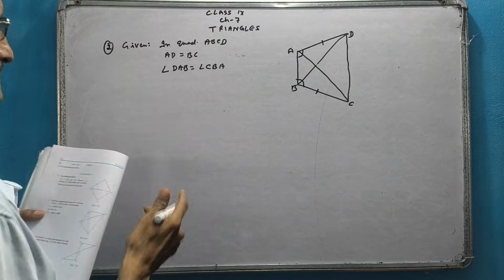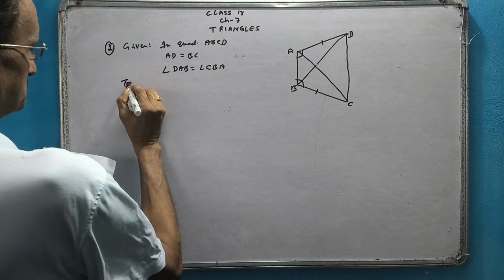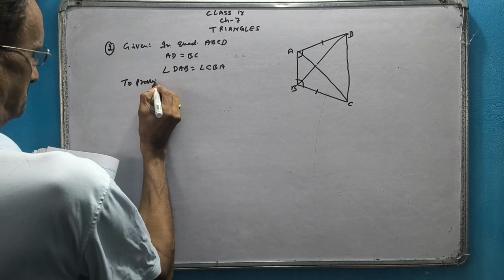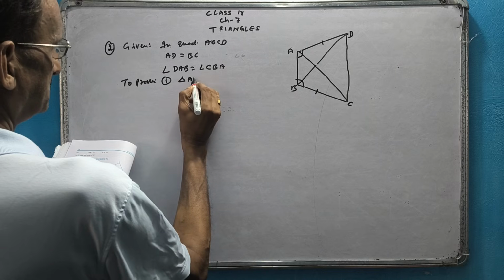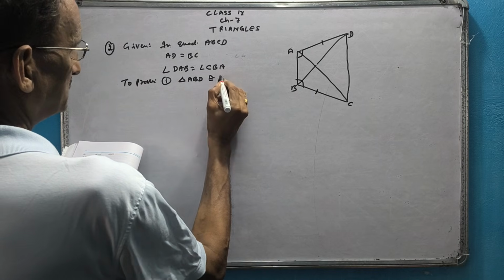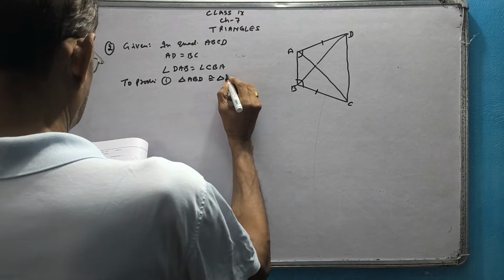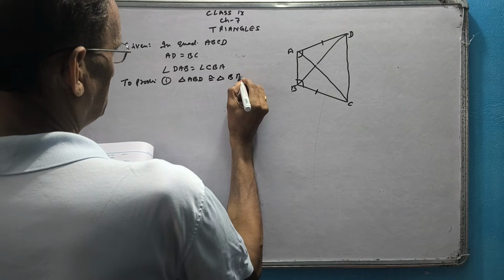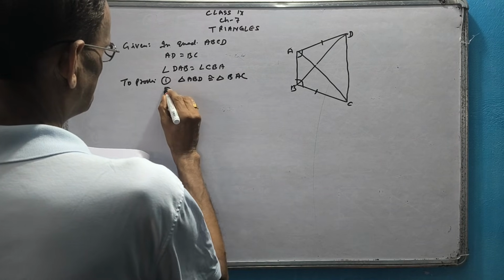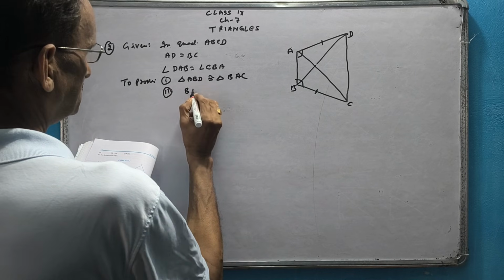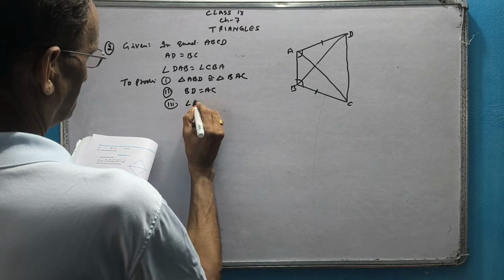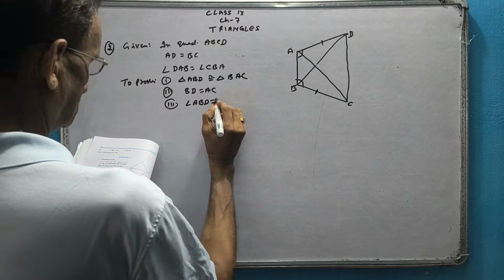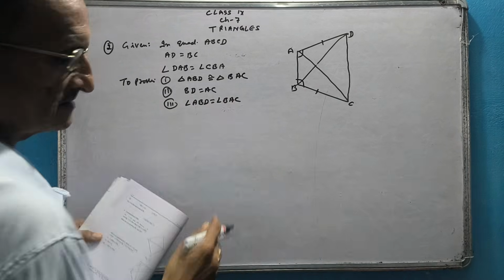This is given. We need to prove: number 1, triangle ABD congruent to triangle BAC. Number 2, BD equal to AC. Number 3, angle ABD equal to angle BAC.